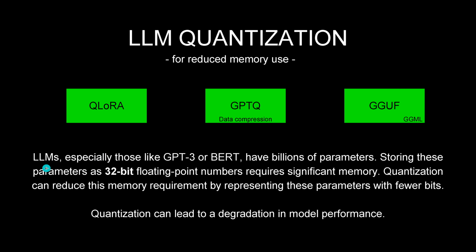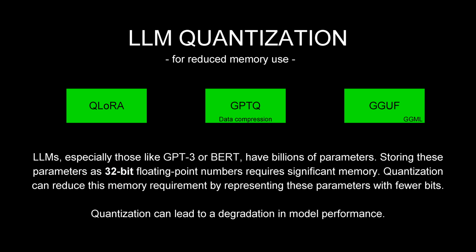Easy. You know that LLMs have billions of parameters, and storing these parameters as 32-bit floating point numbers requires significant memory. So quantization can reduce this memory requirement by representing the parameters of our LLMs with fewer bits. So we go from 32-bit to a much lower bit representation.